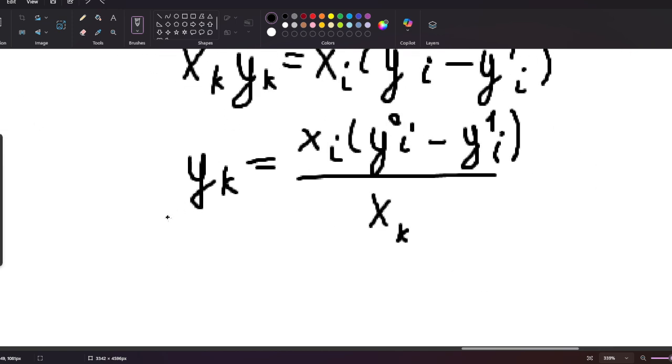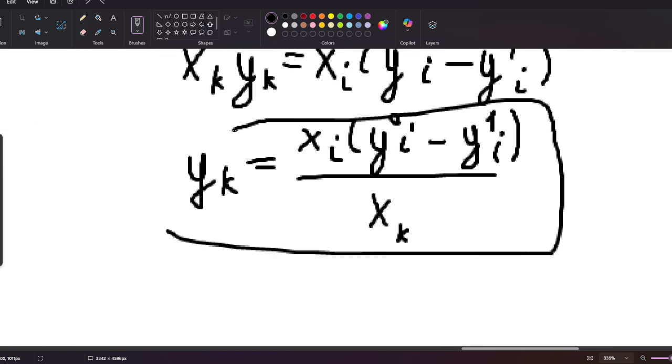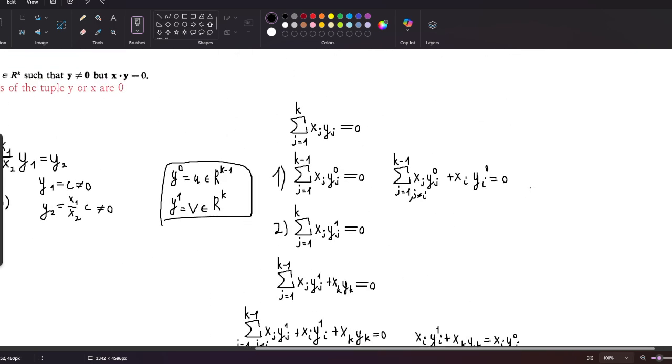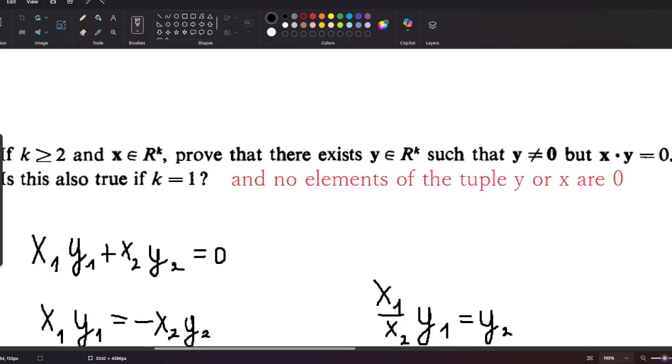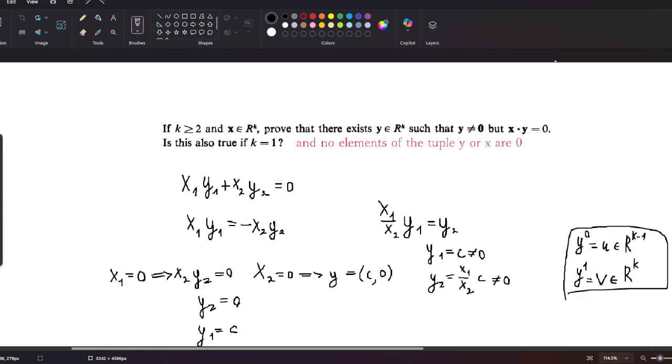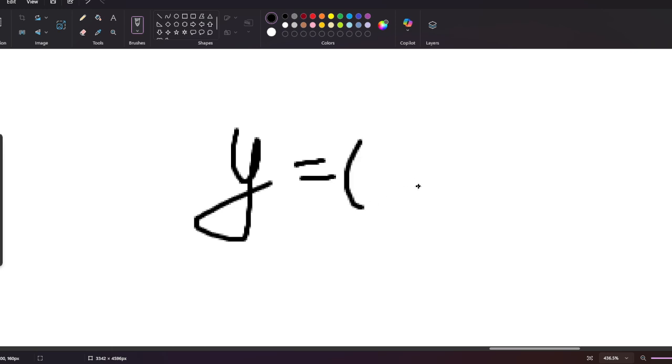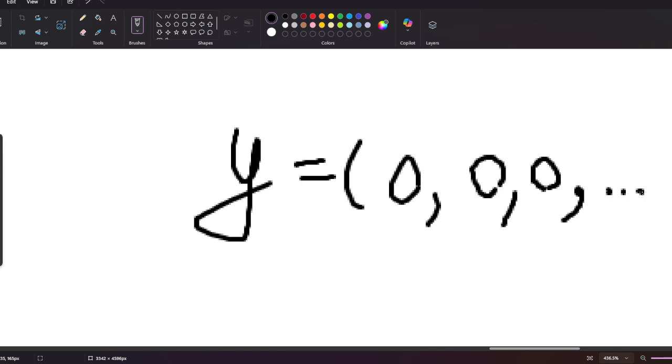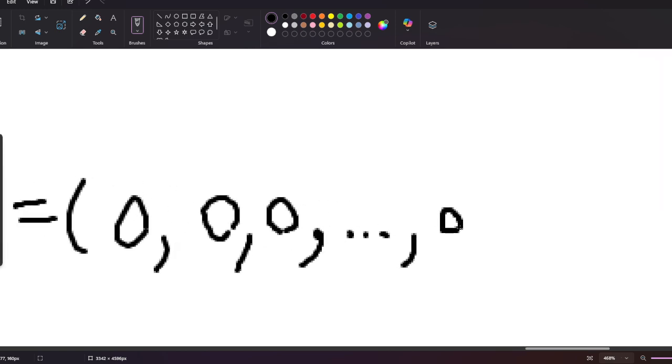So you can see that we have this part over here. Now again, this is an important part. We could just go ahead and take some y equals (0, 0, 0, ..., 0) and then some elements i and j, right?